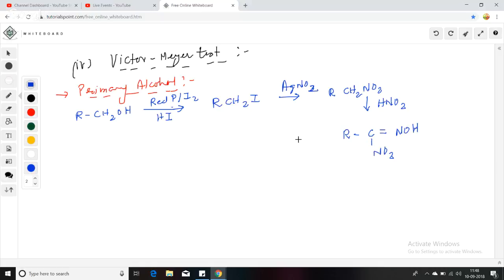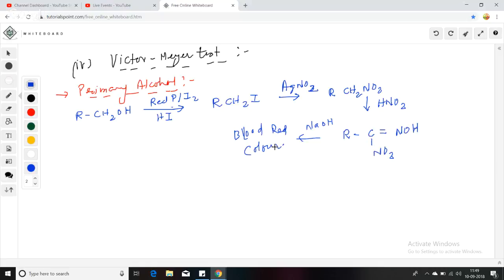Now, when you put this into NaOH, it gives blood red color, and this blood red color confirms the presence of primary alcohol.